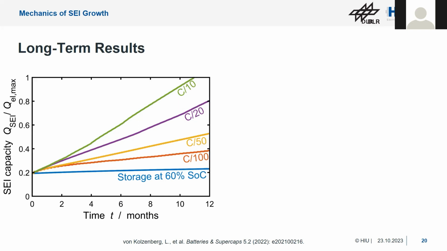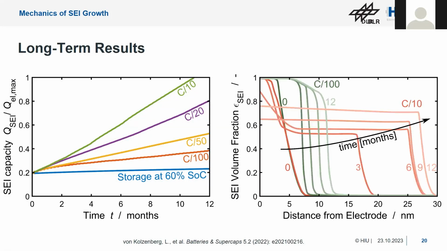We can look at long-term behavior of this, and we see that at very low currents, we still have something like that square root of t growth, but these are not very high rates, right? But at higher rates of C/10, in our model, we clearly leave this regime of square root of time, and this goes into a linear regime. And why is that? This we can see here in our model.